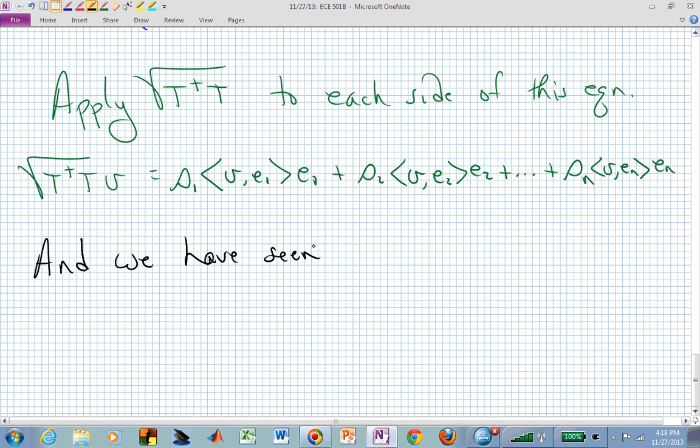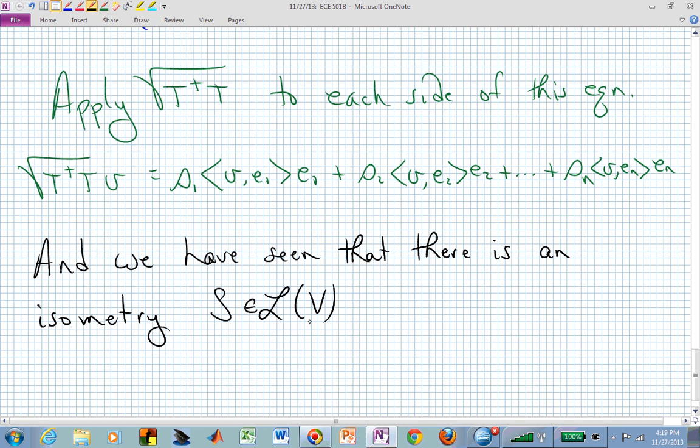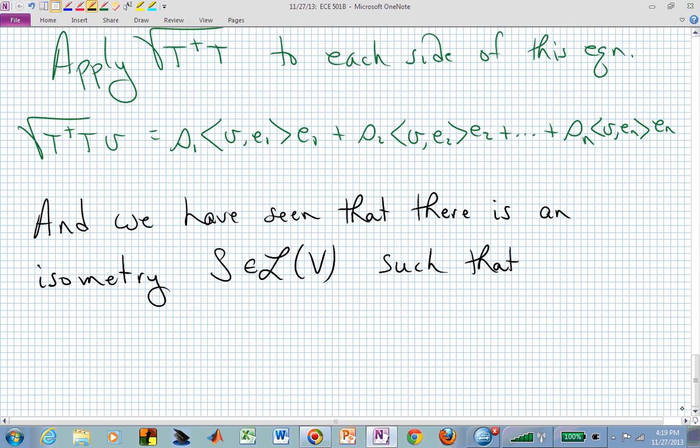We have seen that there is an isometry, let's say S, that's also a linear operator on this same vector space, such that T is equal to S times the positive square root of T dagger T.